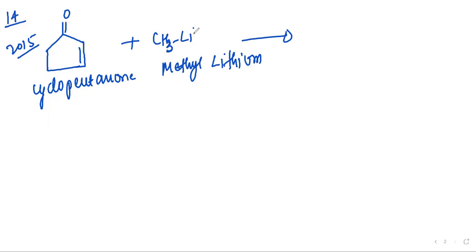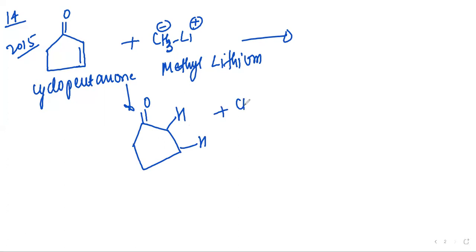So see here, this is the metal lithium, so it will form a plus cation, and this will be the minus part. Understood? Cyclopentanone: first it is reduced by the metal, so first do the addition of hydrogen, so it is converted into H, H. Here double bond O is there.